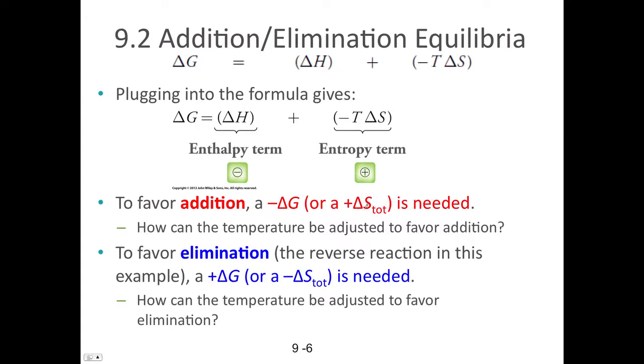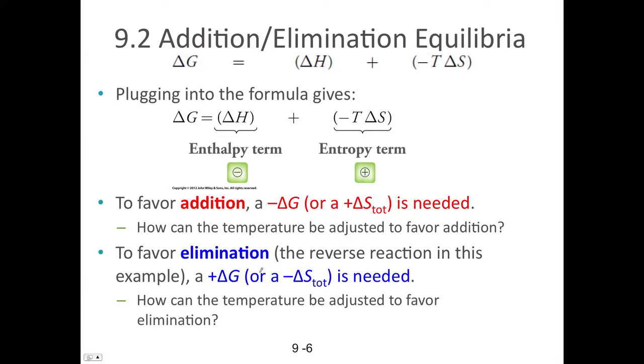And so what does that mean? That means that we have a not a total loss, but an increased loss of entropy, right? If we're favoring addition, we're having more order in the system, all right? To favor elimination, we have the reverse, okay? So we have things that are leaving, and so we are increasing entropy in the system, okay?